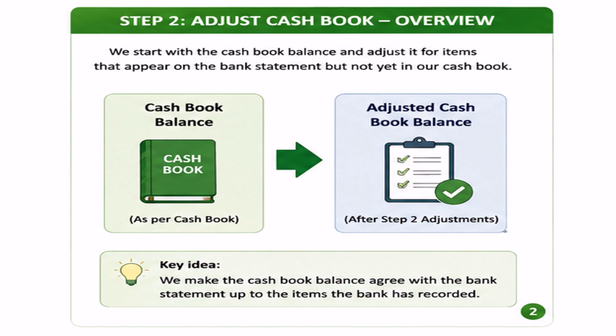That is the only way in which you can adjust your cash book balance. So in summary, what you are doing is making changes and adjustments, but those that are correct. You want to make sure that the cash book agrees with the bank statement.